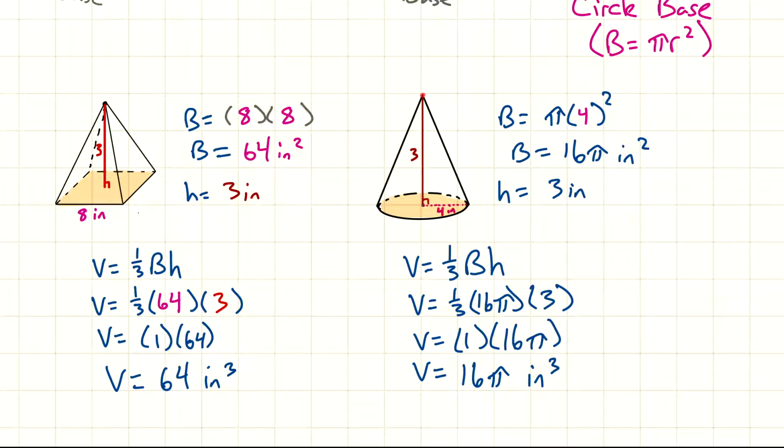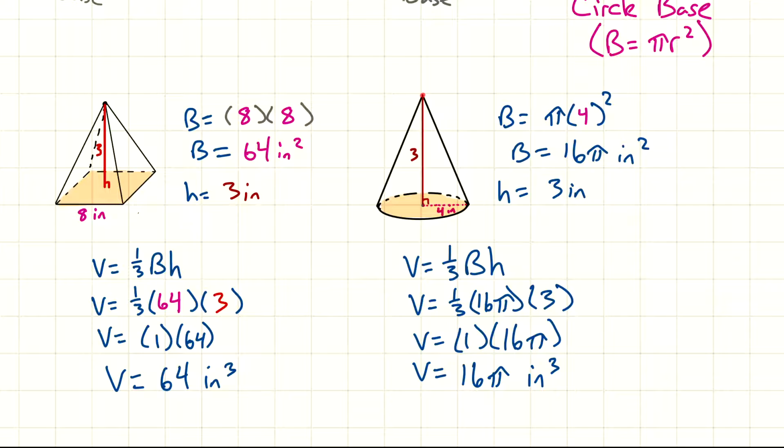If we actually multiply this out, 16 pi, or yeah, 16 times pi, that's like 16 times 3.14. So let's see what that comes out to. 16 times pi.